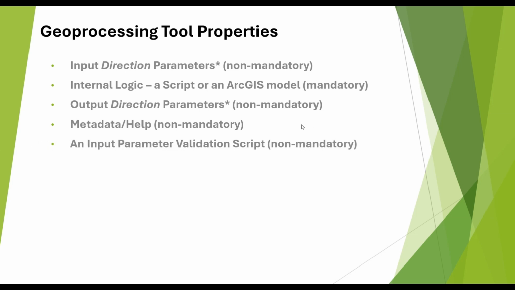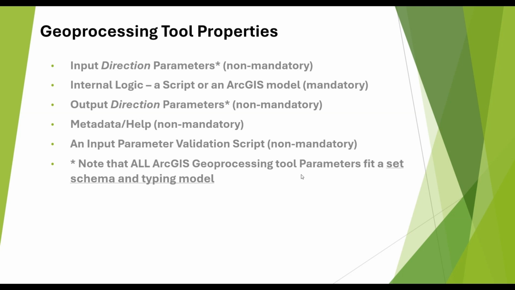And the input parameter validation script. Metadata and help, and the input parameter validation script, are beyond the scope of this introductory session. In the next session, we go over how to build a geoprocessing tool with all these on them. But for now, let's just focus on the concepts and then we'll get into some coding.